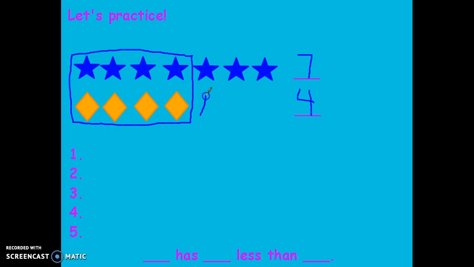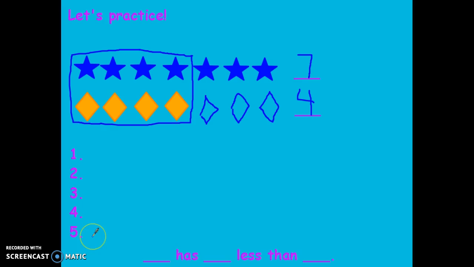Check to see if you filled in the diamonds that are missing. I see that there are no diamonds here where there are stars. Now, step 4, think, how many did I draw to make them equal? So I drew these to make the same number of diamonds as there are stars.